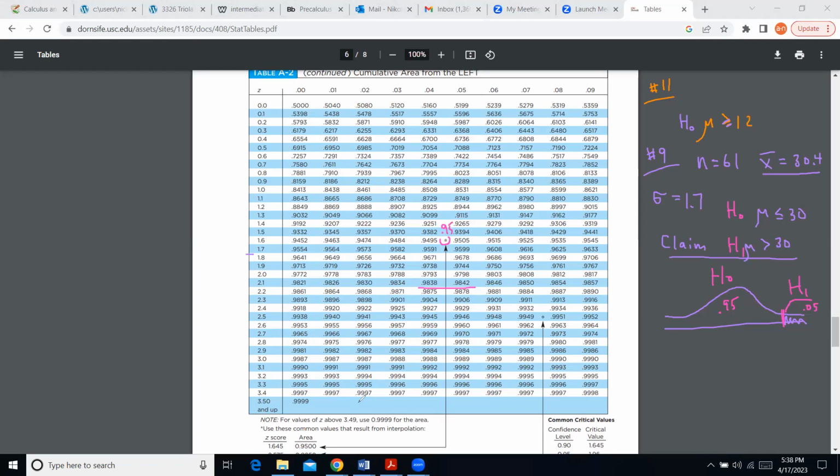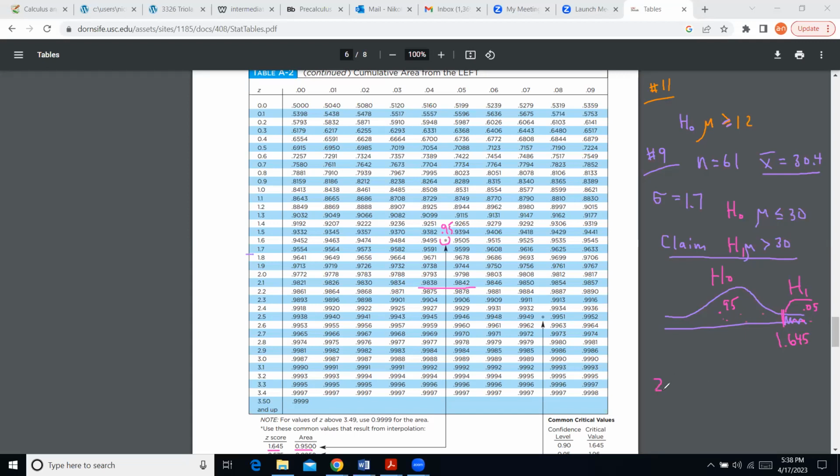And the arrow brings us down here to area 0.95 and a z-score of 1.645. So this is my cutoff value for the z-score. If I'm to the right of it, I'm in H1. If I'm to the left of it, I'm in H0.